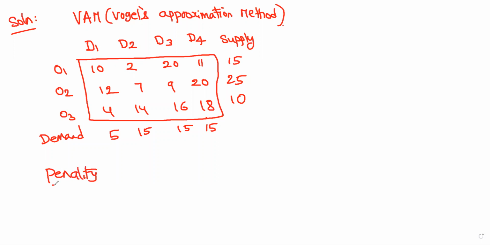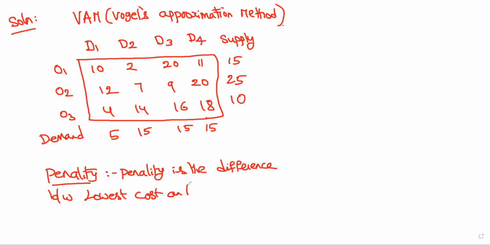Penalty is the difference between the lowest cost and the next lowest cost in each row and column. So here we have to find the penalties.